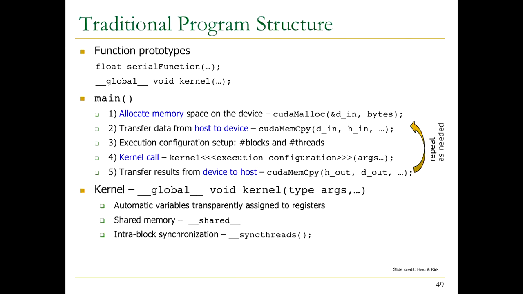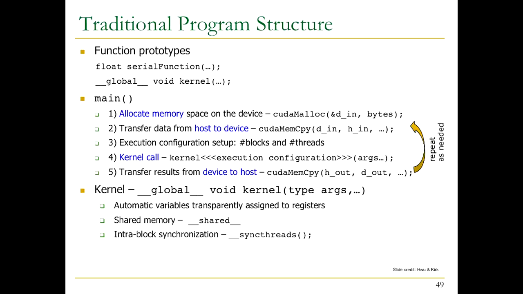So if you want to synchronize thread 0 in block 0 and thread 32 in block 0, you simply use sync threads. But if you want to synchronize thread 0 in block 0 and thread 32 in block 32, you need to terminate the kernel. Okay?